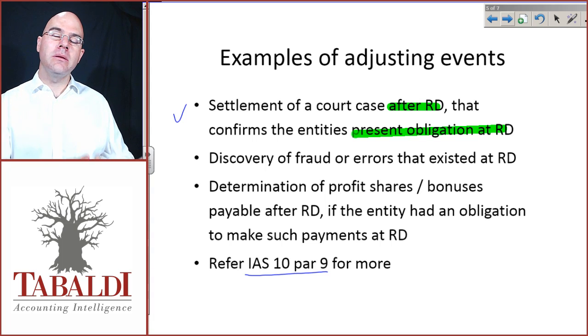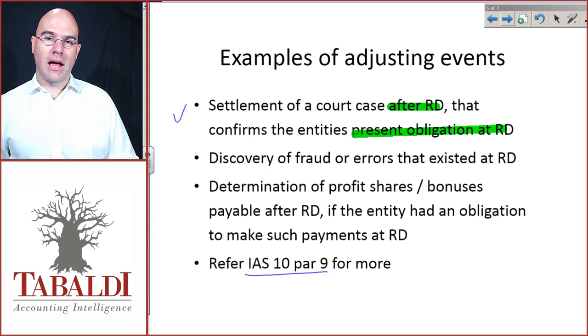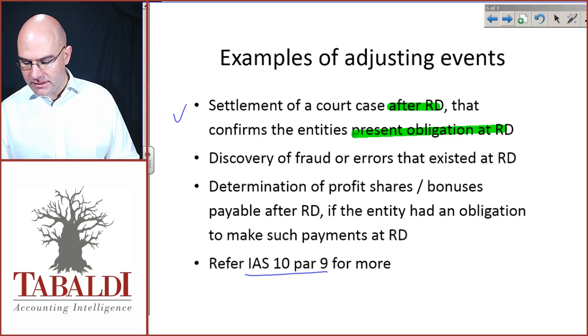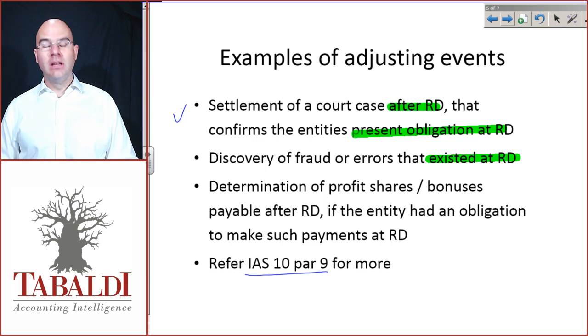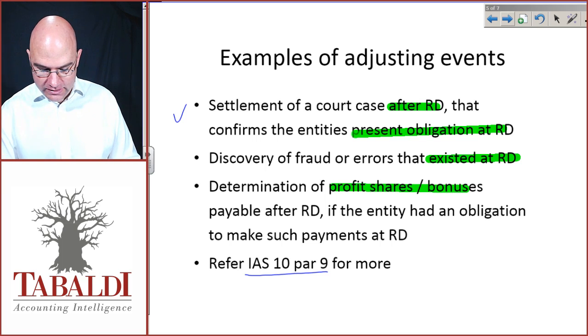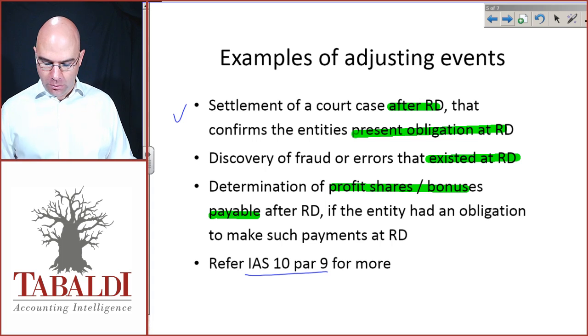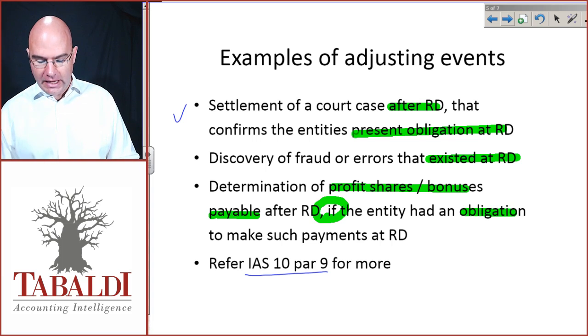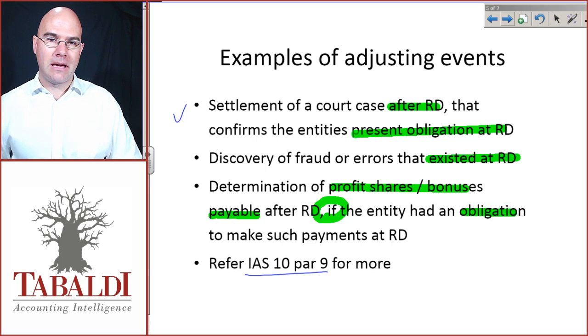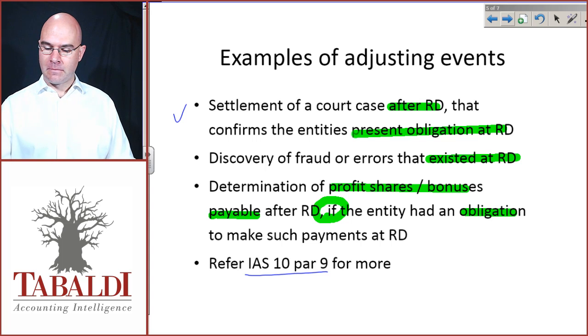Therefore you go and raise the full liability at reporting date. There may be discovery of fraud or errors that existed at reporting date. Also, determination or finalization of profit shares or bonuses that are payable after reporting date. Here's a catch though: if the entity had an obligation to make such payments at reporting date, i.e., they were contractually obligated already.